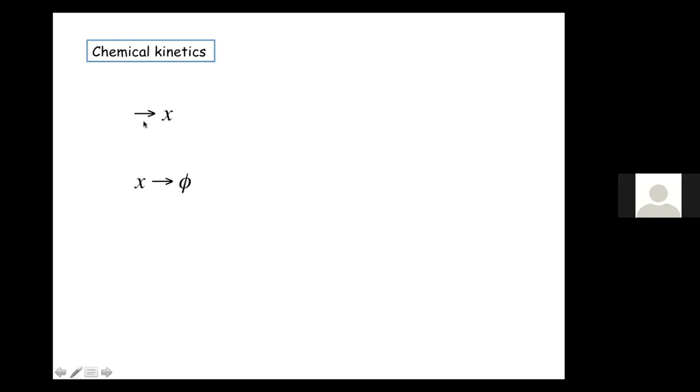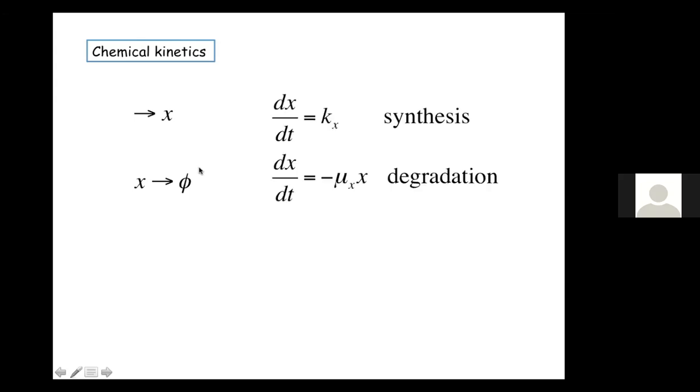Both the kinetics are different. So if I consider only the synthesis part, we have the rate equation. So dx/dt, the rate of change of x, is proportional to some synthesis rate constant, k.